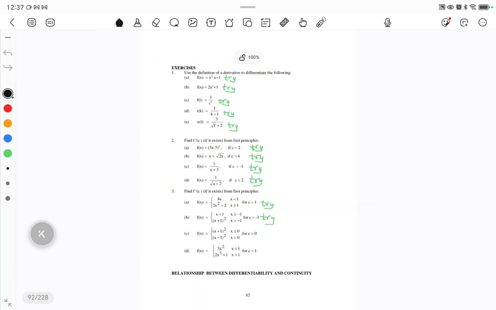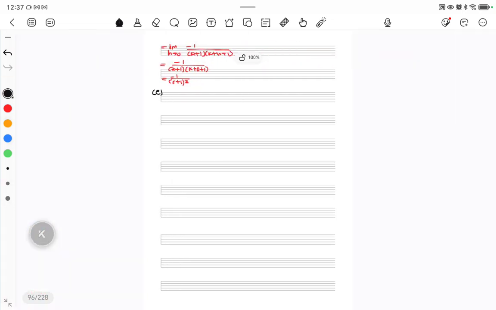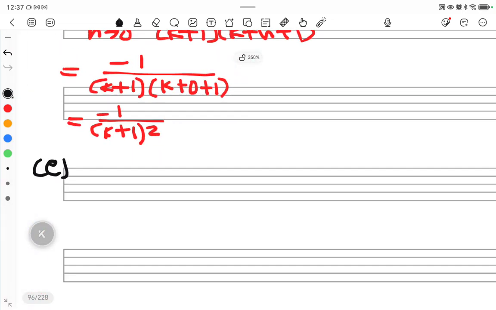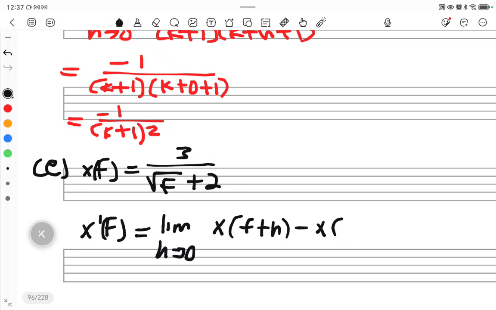E says x of f is equal to 3 over root of f plus 2. And it means that we should first write the formula. Then we have the limit as h approaches 0 of x of f plus h minus x of f all over h.